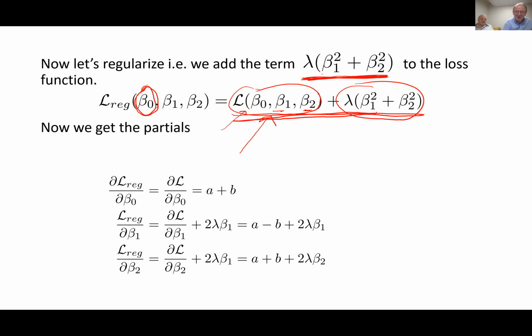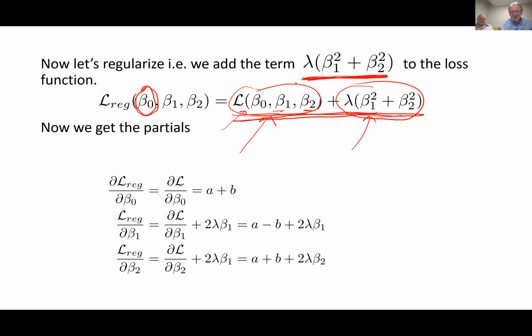But let's see what we get now for the partial derivatives. If you take partials here, it's the partials of this plus the partials of this, so it's very easy to take the partials of the sum of two functions. The second term doesn't involve beta 0, it's only involved in the first term.